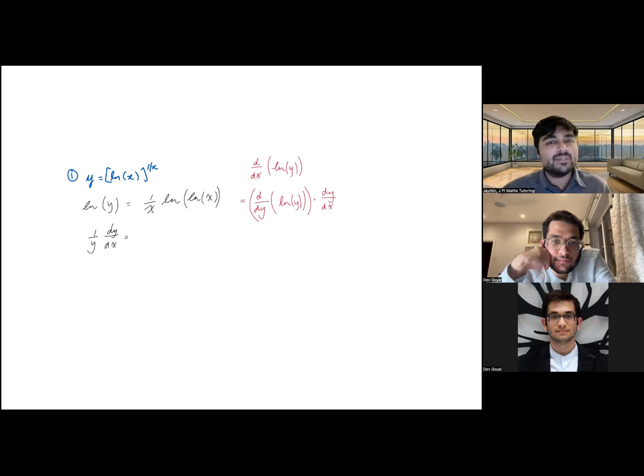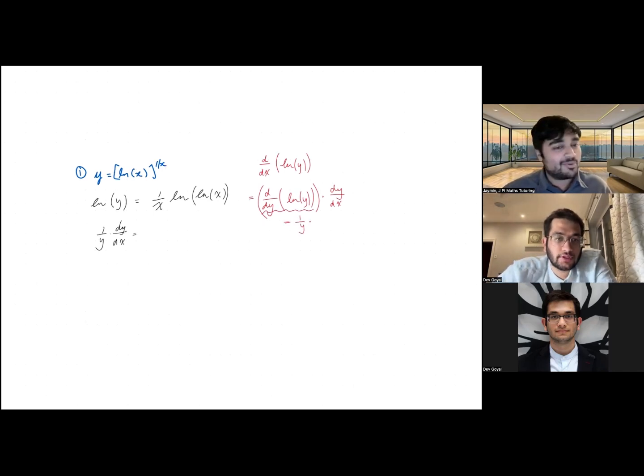Informally we can think of those dy's as cancelling out. It's a little bit more than that, but that's a useful way to remember it. The derivative with respect to y of ln y is precisely 1 over y, and then times dy/dx, which is what we have here.